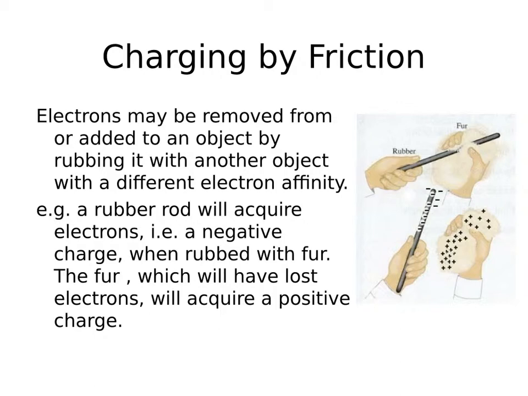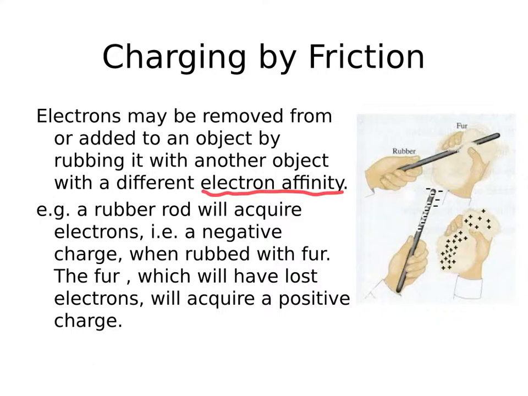We can charge things by friction, by rubbing them together, because some materials have a stronger electron affinity than other materials. You might remember this from the electrostatic series in grade 9 as well. So for example, a rubber rod will acquire electrons. That means it gets a negative charge when it's rubbed with fur.